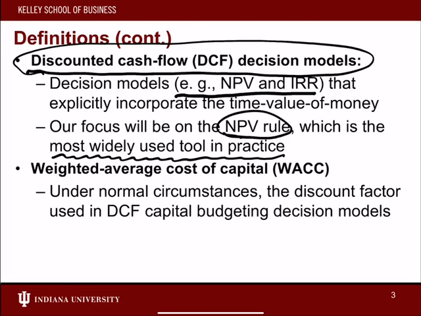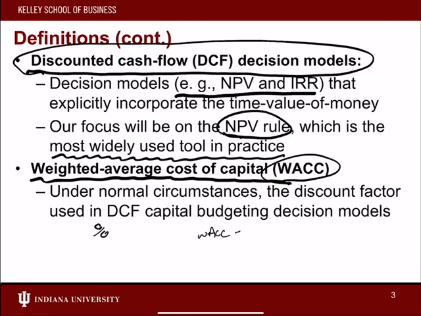And then another definition you're going to have to remember is the weighted average cost of capital, or the WACC. We used this in our last lecture series, but this is usually the discount percentage you use in your discounted cash flow models. And this makes sense because your WACC is essentially the interest you're paying.